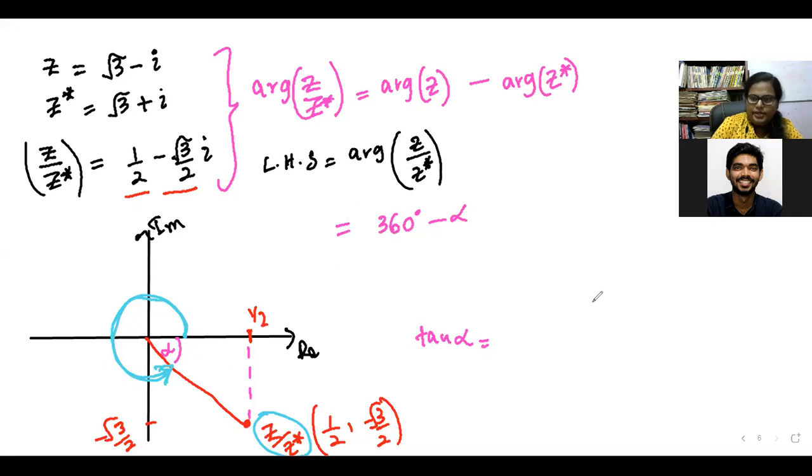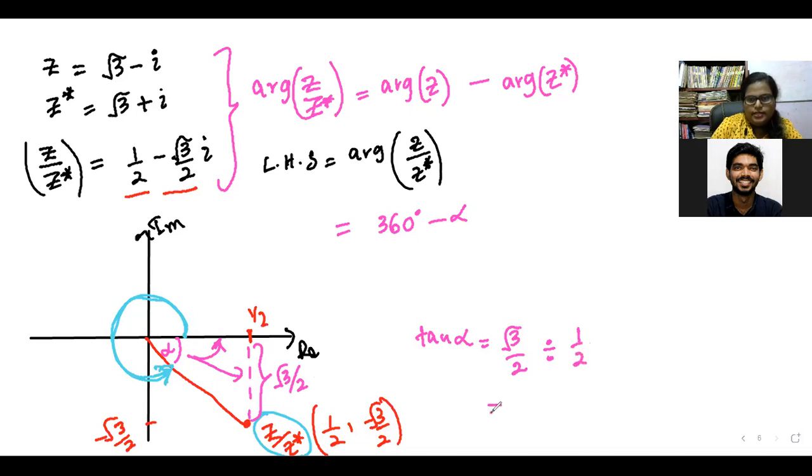Separately, we can find what alpha is, because tan alpha can be written using these two lengths. This length is square root 3 over 2, divided by the adjacent side, which is half.